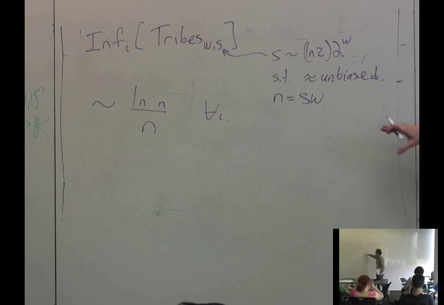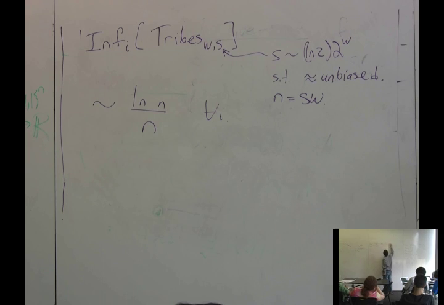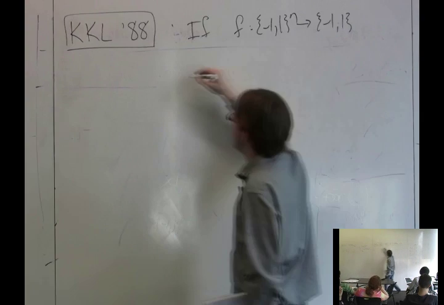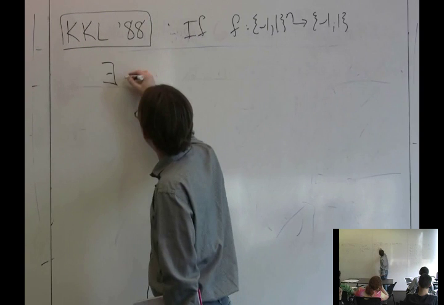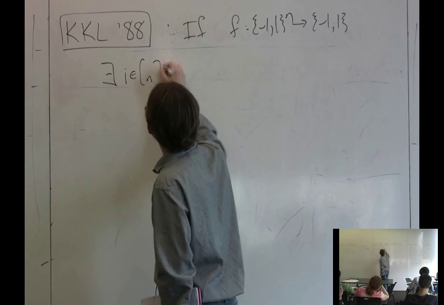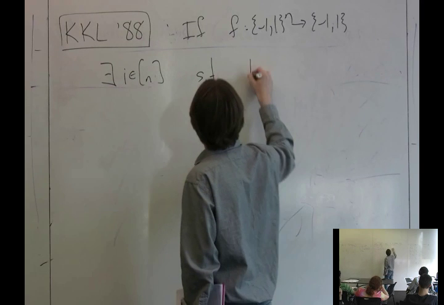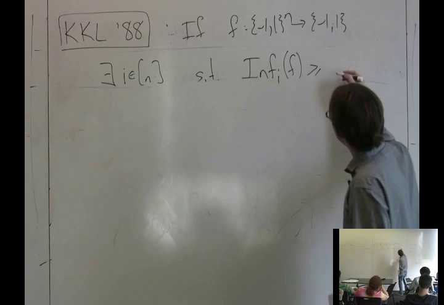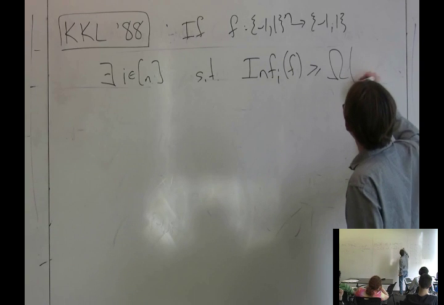It essentially says that indeed this is optimal, or pessimal. It shows that if f is any Boolean function, then there exists a voter whose influence is at least, well, ln n over n.